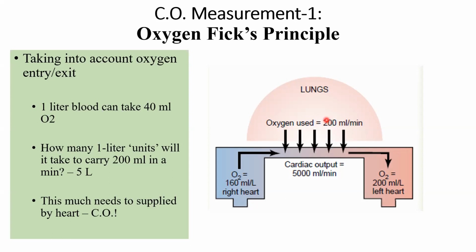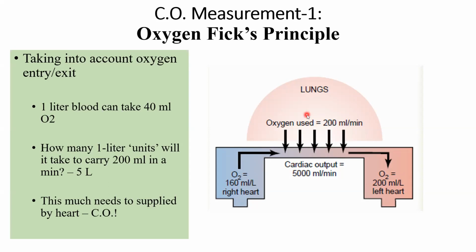So that's relatively straightforward. These samples can also be taken from venous blood and from arterial blood. So this is a pretty reliable and practical method of arriving at cardiac output.